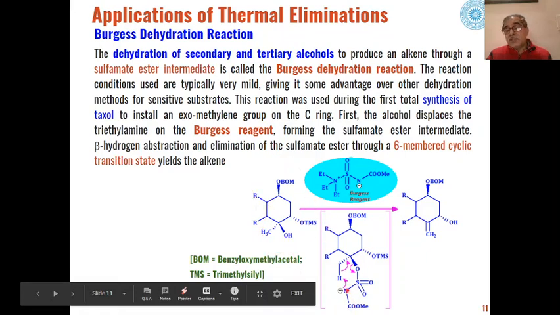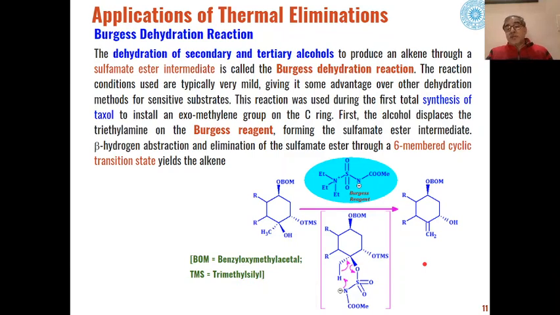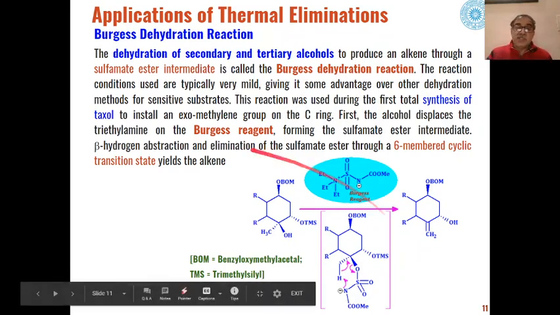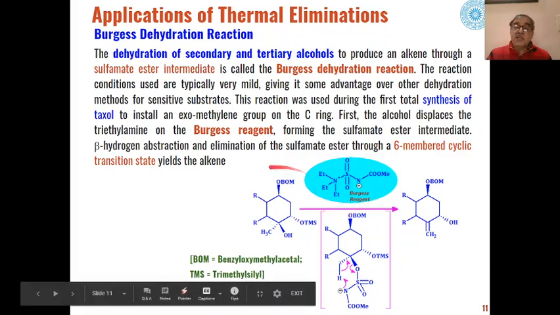Then this intermediate, through a cyclic 6-membered transition state, will be transformed into this type of alkene. So this is how we can get alkenes from secondary or tertiary alcohols, and this reaction is known as the Burgess dehydration reaction. The presence of Burgess reagent, this is Burgess reagent, is a must for these types of dehydration reactions.